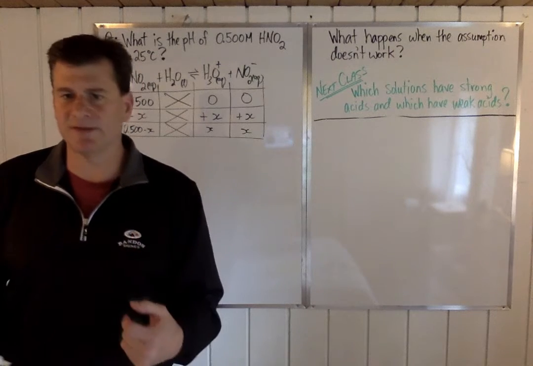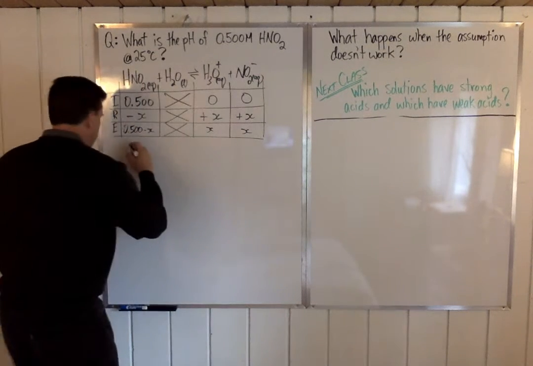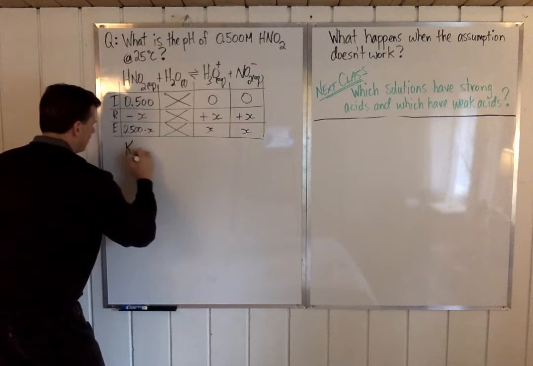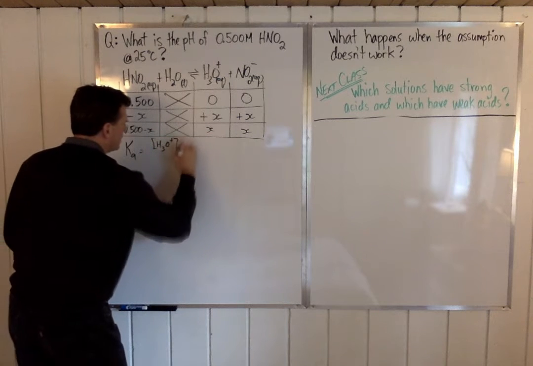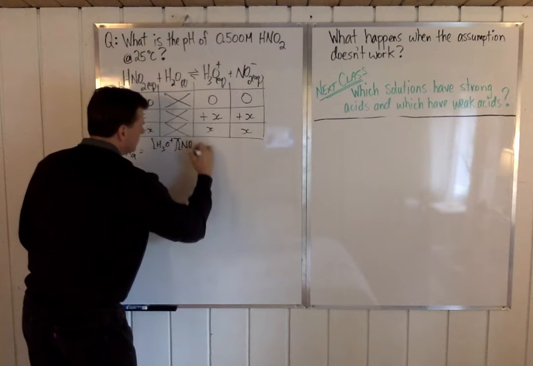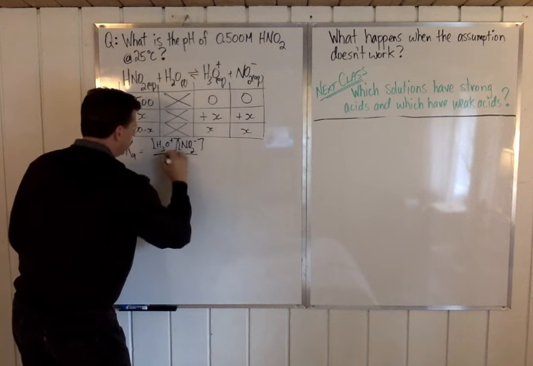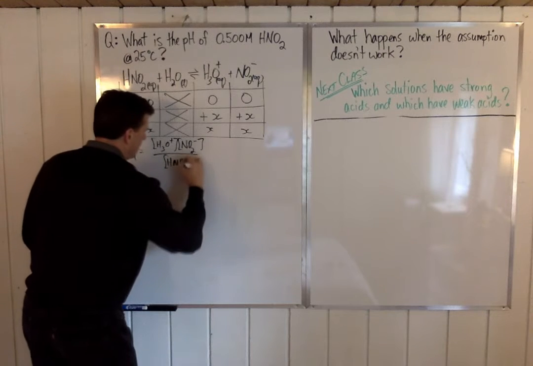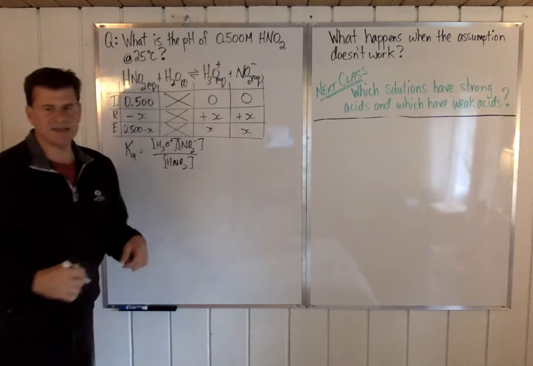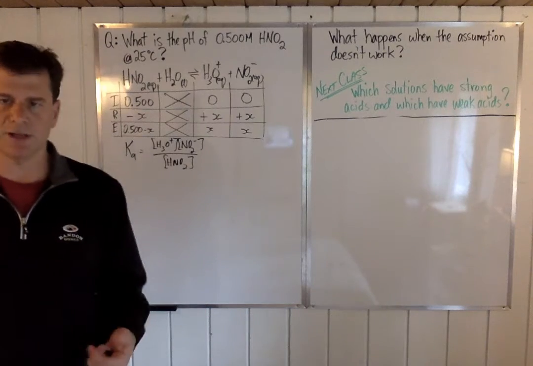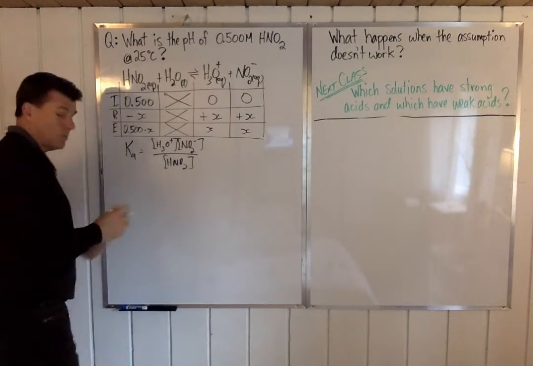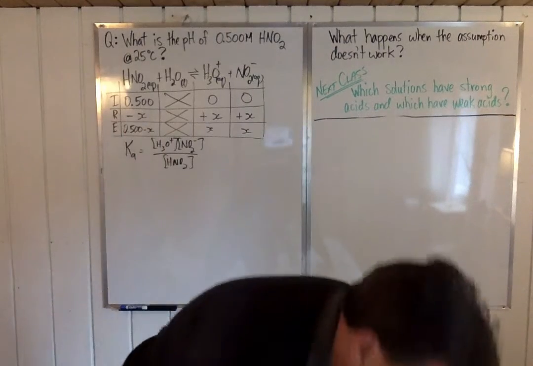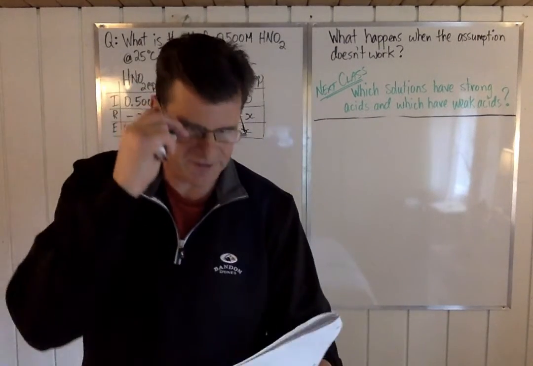The next step was to write the K expression. Hydronium, which is one of the products, times nitrite, which is the other product, over the nitrous acid concentration. Of course, these are all equilibrium concentrations. So I plug in what I've got on the E line. Oh, I got to look up the Ka value too, because of course I don't know it off the top of my head.